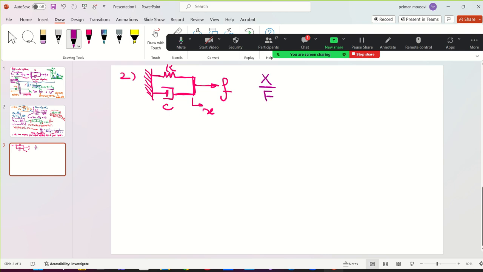Closed transfer function of this. You know that you cut the system from here, free body diagram, dynamics and vibration course, or ME 220. Here is going to be resistance force from linear spring Kx, resistance force from the damper here. Cx dot, linear damper. Reaction force is Cx dot.